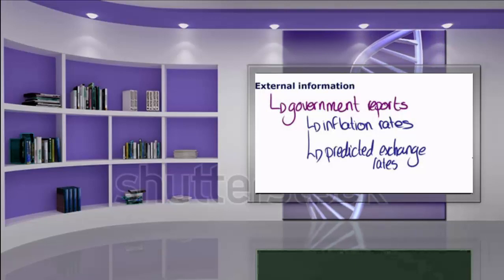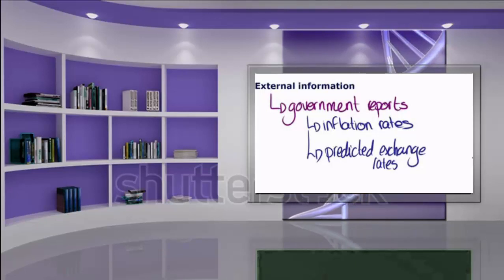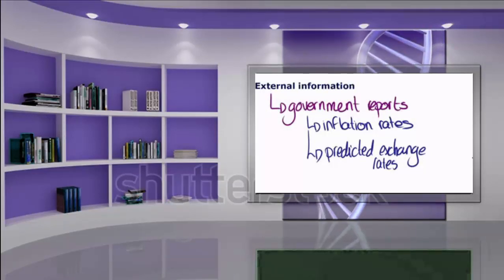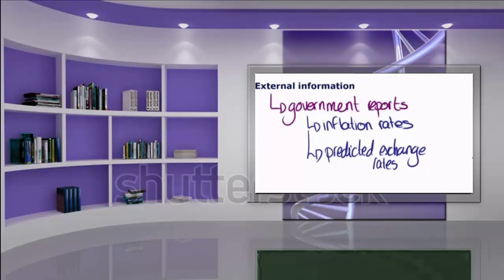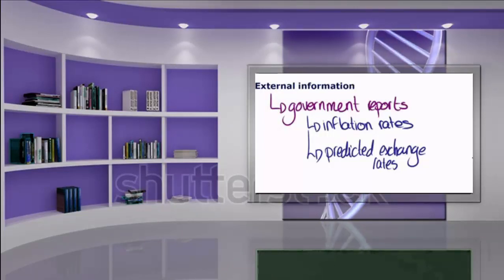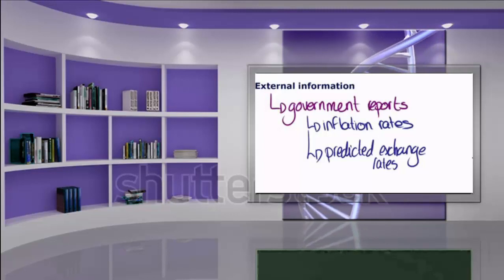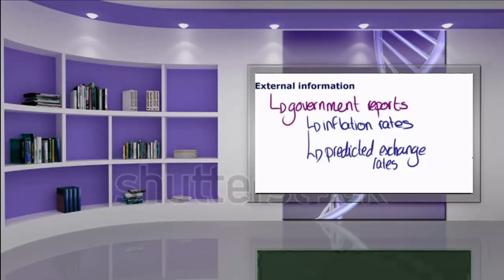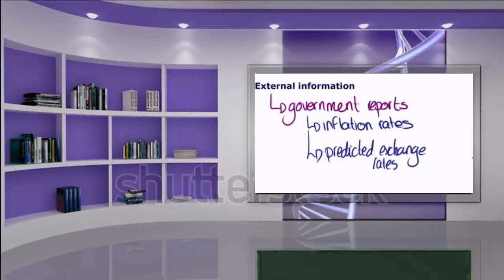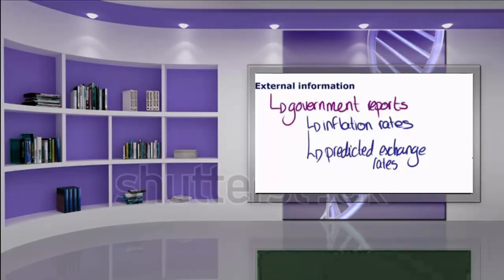So if our supplier is located in a different currency zone to us and the exchange rate moves against us, it may become more expensive for us to purchase goods from that other country. Likewise, if we're selling our product to people in a foreign country and they're paying us in a foreign currency, any exchange rate movements is going to affect our revenue.